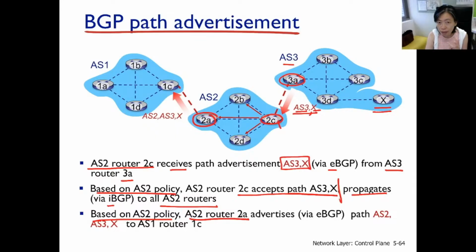If 2A here is allowed to advertise the discovered path to AS1 here, okay, then we form the new advertisement AS2, AS3, and X, and then send it to 1C that belongs to AS1. Okay, so once again, before the prepended, the extended AS path can be advertised further to the rest of the internet, we check the export policy.